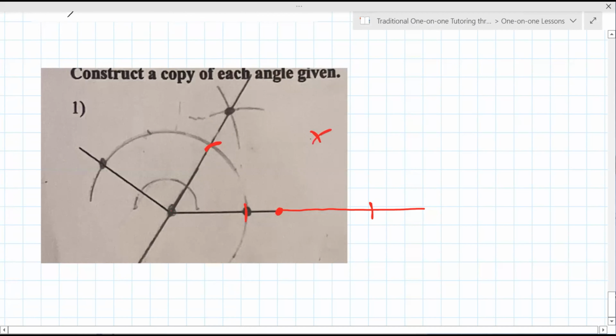You go back to this one, you arc here, and then you get a point to copy the angle like that. It's very similar for all the rest, but we'll grab the rest here. Let me know when you get that down.